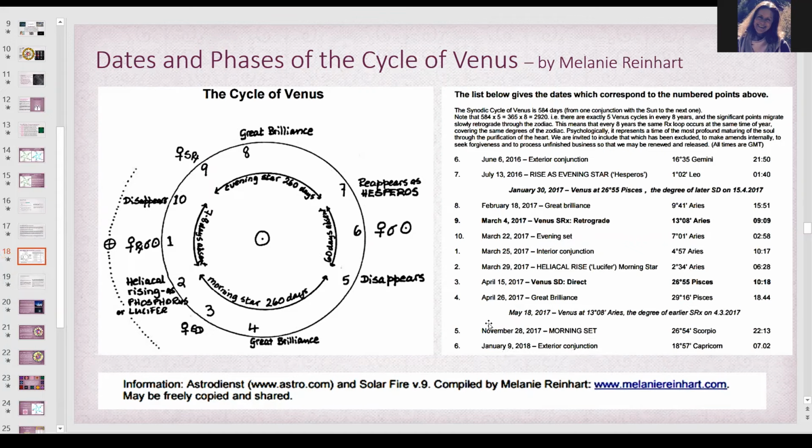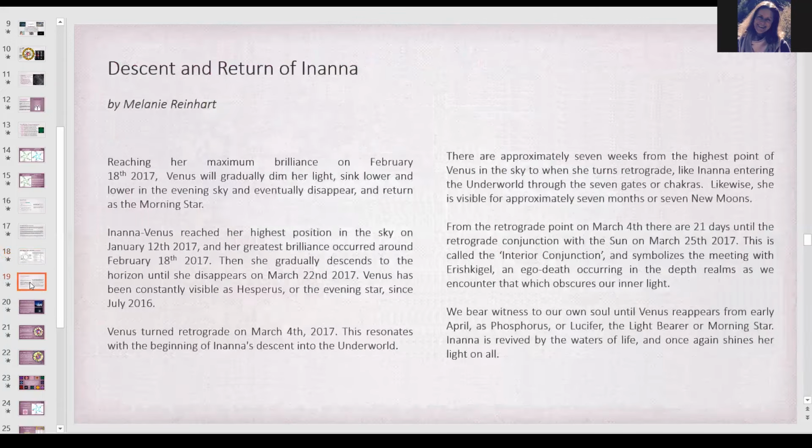So you can come back later and have a good look at this. And this little section here is by Melanie Reinhardt, The Descent and Return of Inanna. Reaching her maximum brilliance on February 18, 2017, Venus will gradually dim her light, sink lower and lower in the evening sky, and eventually disappear and return as the morning star.